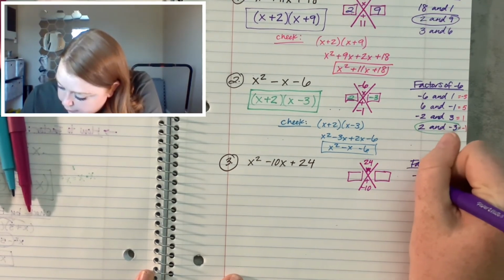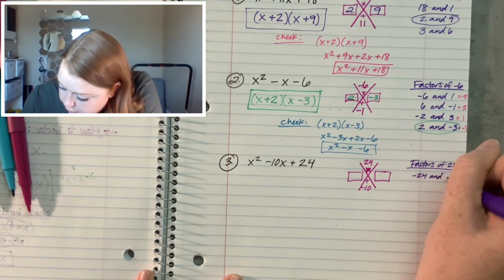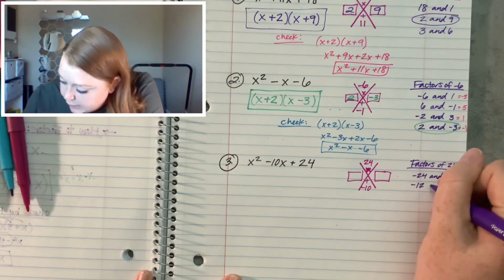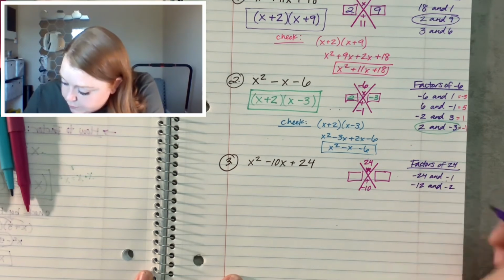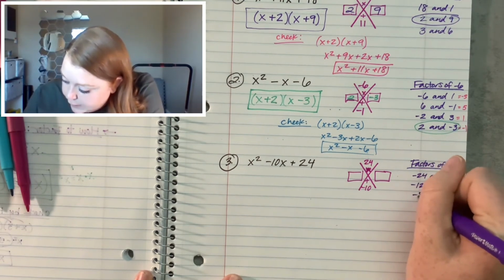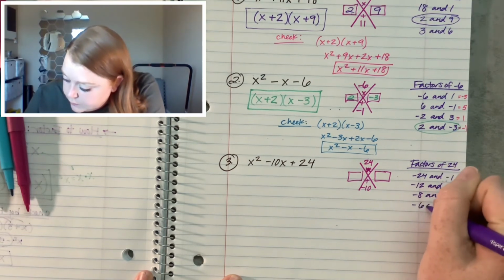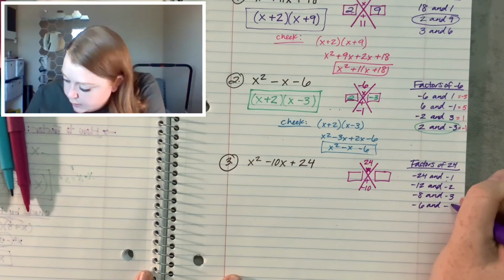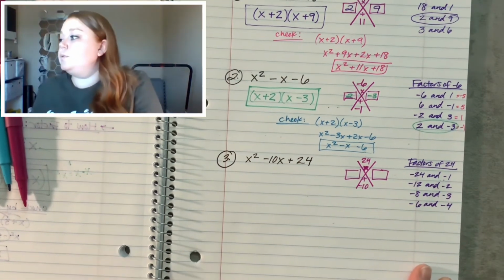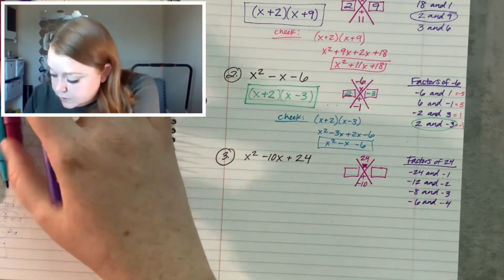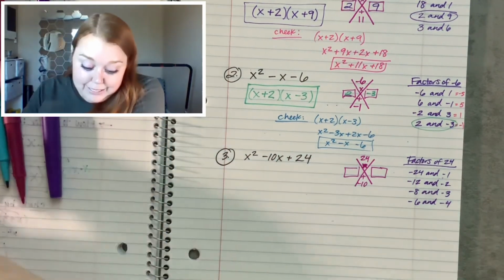Okay, so like negative 24 and negative 1, negative 12 and negative 2, negative 8 and negative 3, negative 6 and negative 4. Okay, those would be my factors. Okay, so which ones add up to negative 10?